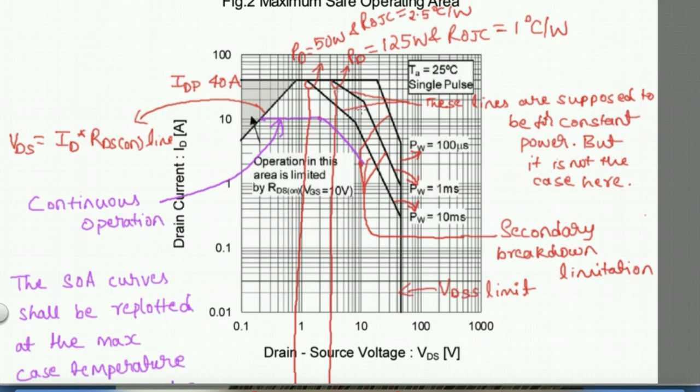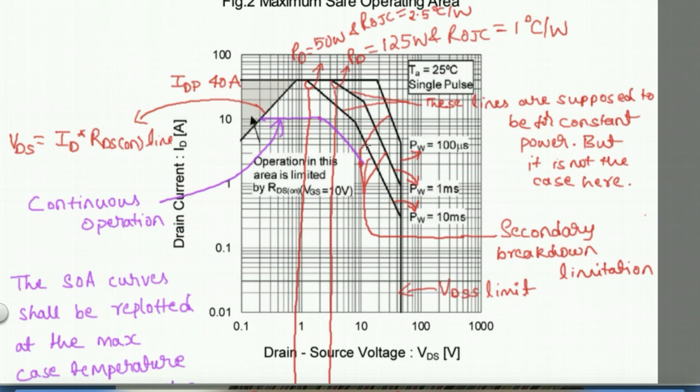For a smaller pulse width such as 100 microseconds, we will be able to subject this MOSFET to a higher power stress. For longer pulse durations of 1 millisecond and 10 millisecond, the stress that can be applied on this MOSFET is lower.